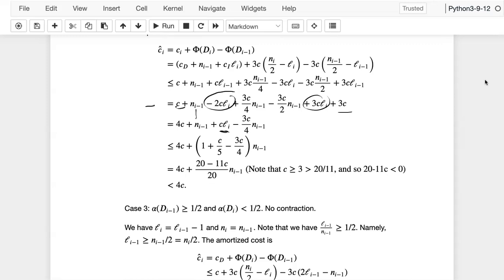And then we're going to merge these two. So if you do that, it becomes 6. So that's 3C over 4. So it's a negative.